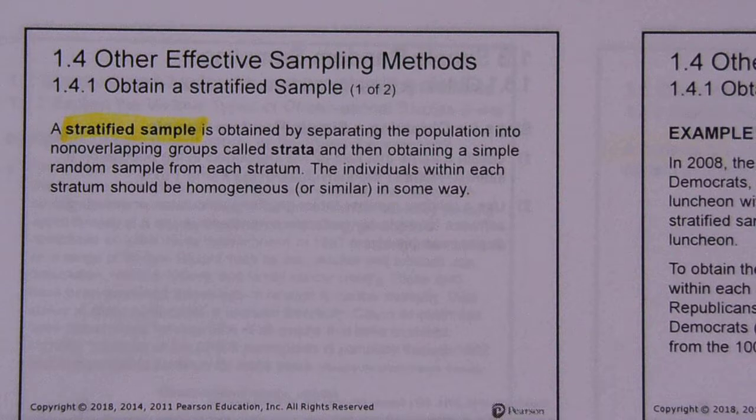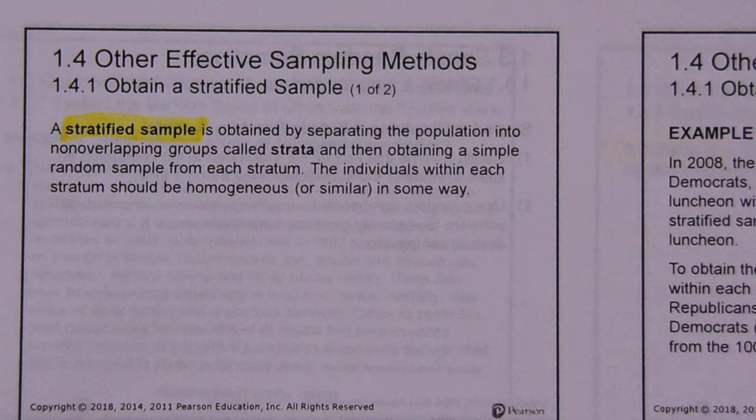How could you separate them? Yes, you could do majors, freshman or sophomore. There's one really easy one. There's only two groups, male or female. So you could do that.